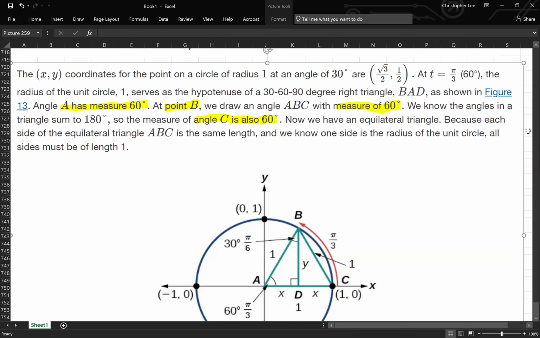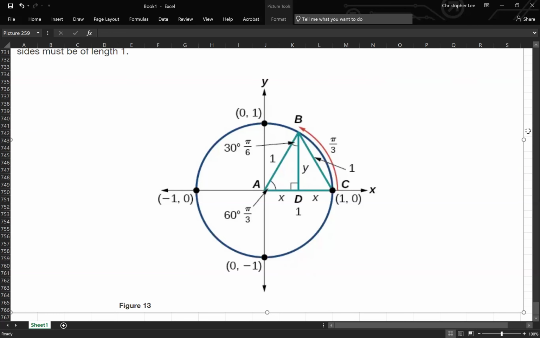Now we have an equilateral triangle, because each side of the equilateral triangle ABC is the same length, and we know that one side is the radius of the unit circle, so all sides must have length 1, for a unit circle.